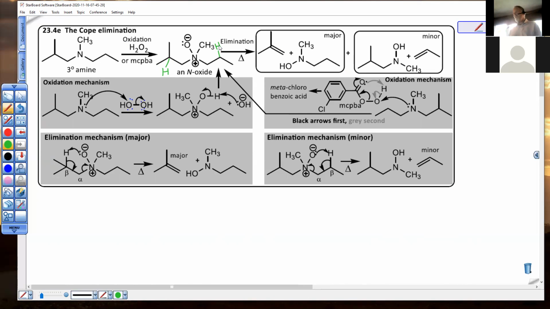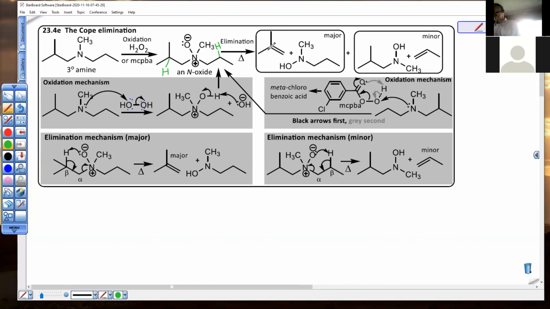It doesn't have to approach at all. We just have to rotate a hydrogen around to grab it. And you will make what you would normally predict to be the major product. The one with the more substituted alkene will be major, and the one with the less substituted alkene will be minor.